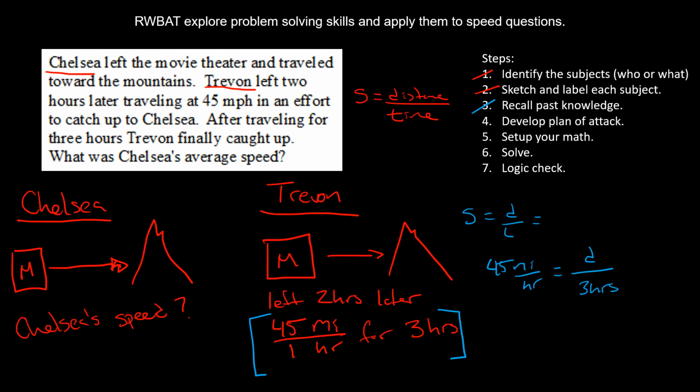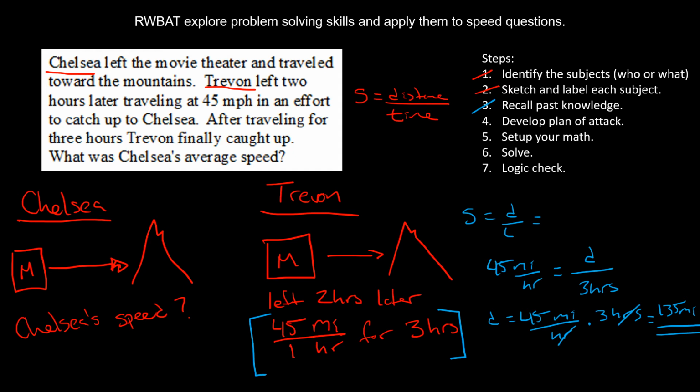So let's solve for the distance. Our distance would be 45 miles per hour times 3 hours. When we multiply this out, 45 times 3 is 135. The hour units simplify out, leaving miles. So Trevon and Chelsea are traveling a total of 135 miles. I'm going to go ahead and underline this. This is important to me.